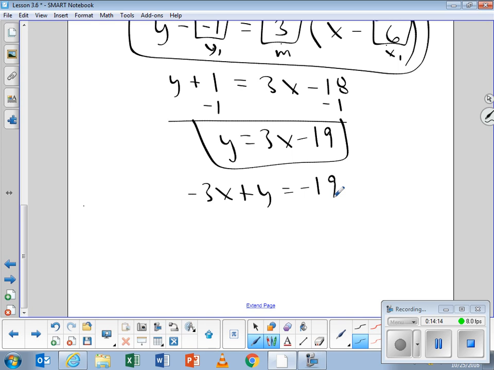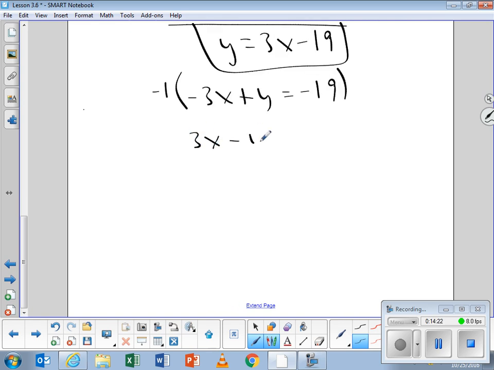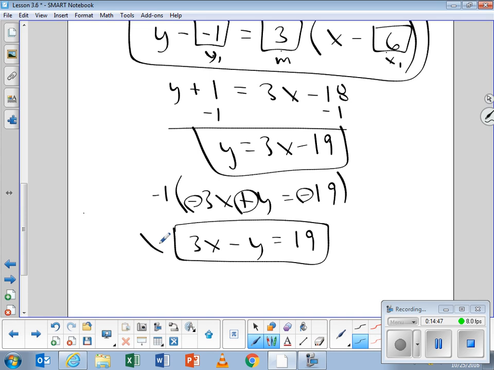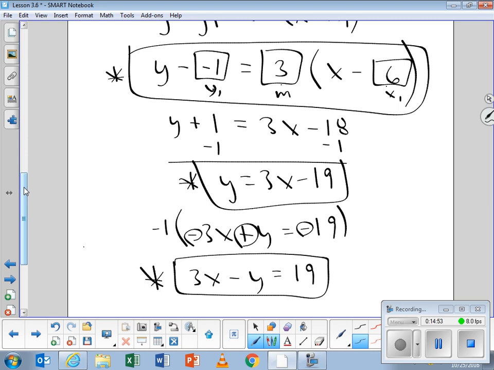Make x positive, so we're going to multiply everything by negative 1, giving me a positive 3x, a minus y, and a positive 19. Okay. Also, that would be the simplest form here because we reduced a couple signs, didn't we? These two negatives disappeared, and all that happened here was that became minus instead of a plus. So there's 2 fewer symbols in that second one. Okay? But any one of these is an appropriate answer because the directions didn't tell you which form to leave it in.